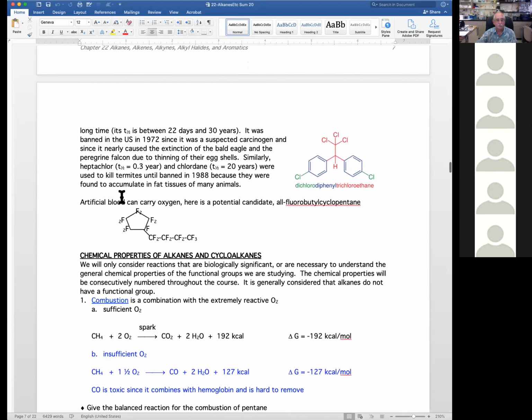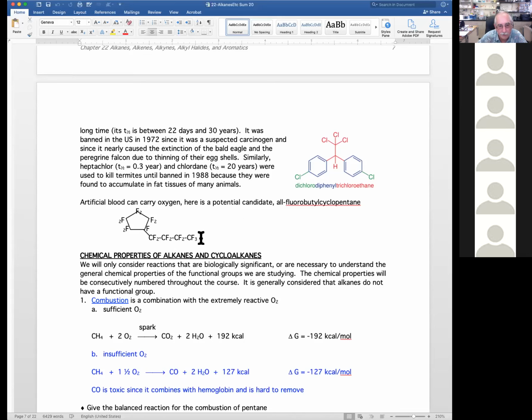And this is simply an interesting molecule. They were trying to find an artificial blood to carry oxygen, and they found that this molecule could actually carry oxygen right here inside its cycle right there.